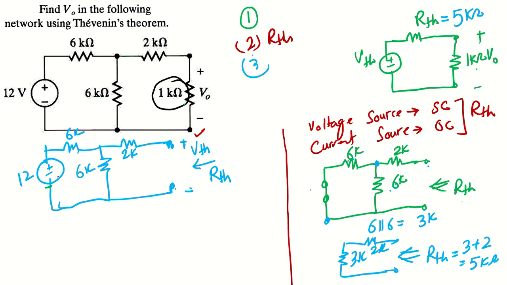The third step is calculating the Thevenin voltage. For the Thevenin voltage, we come back to our original circuit. We want to compute the voltage drop between these two nodes. Here you can use whichever technique: simple KVL, voltage divider rule, current divider rule.